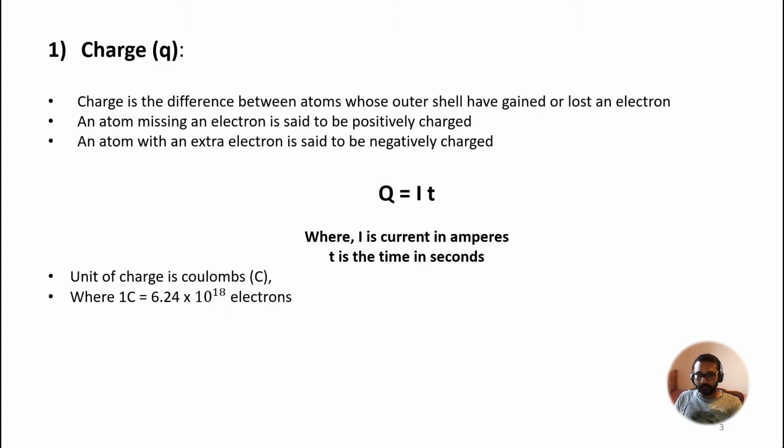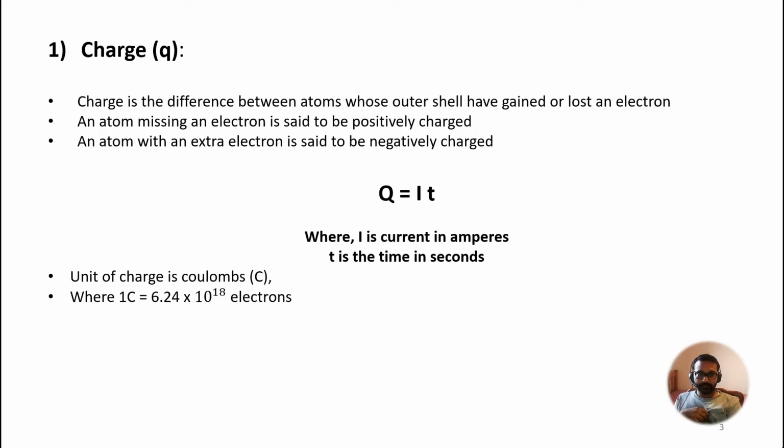So the first thing which we have to study, or which we have already kind of discussed, is charge. Now charge is represented by the letter Q. Sometimes you write it as a small q, sometimes as a capital Q. Right?